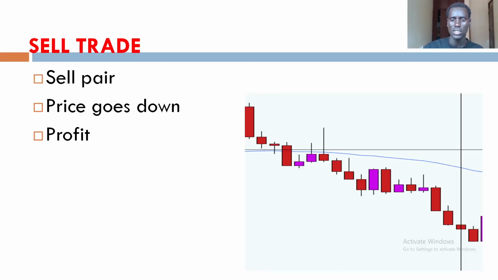Their role is to show the price movement, how the prices are moving. When candlesticks are going down, you place a sell, and when you place a sell, you make a profit.